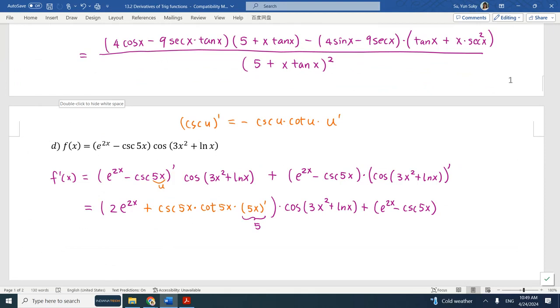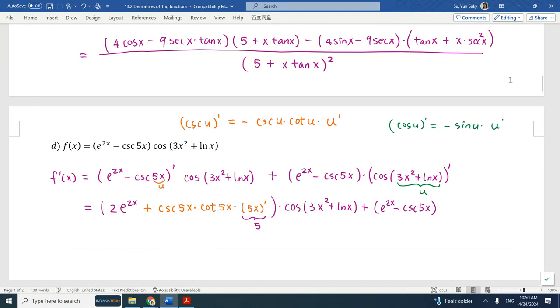Okay, so let's wait until everybody gets to this step. Everybody okay? Up to this step? Okay, so we're gonna differentiate this guy. So you see it is a composite function, and u is the inner function. So this is the u. Okay, what is the derivative of cosine u? Yeah, very good.